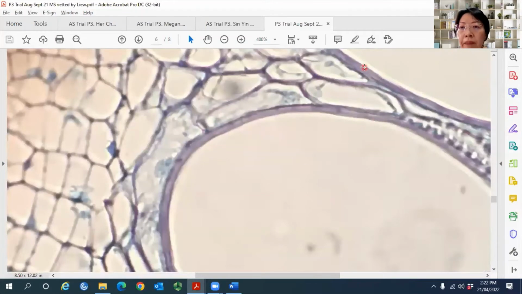Okay, you see here, can you see this purple color line is the cell wall of this xylem vessel, but this more bluish color line is the cell wall of this cell here. So you have to try to actually focus your slide until you can see the middle lamella between these two neighboring cell wall, because you're supposed to draw the middle lamella between the 2 cells, like this one here.